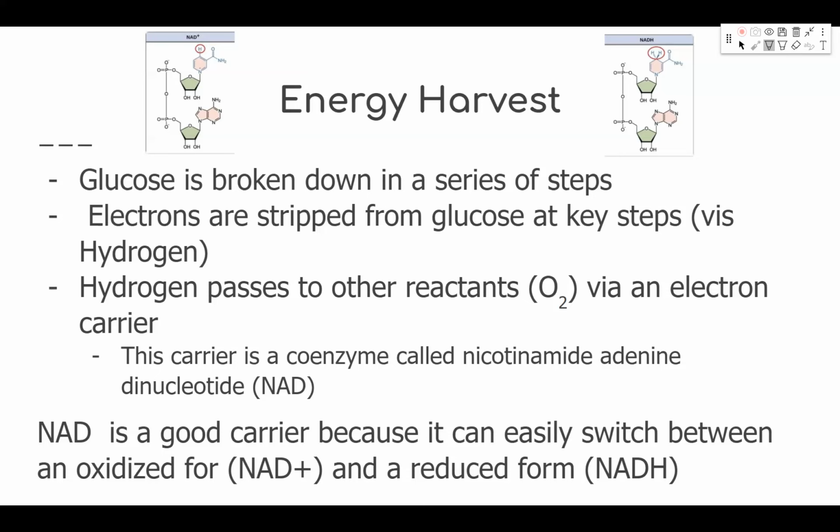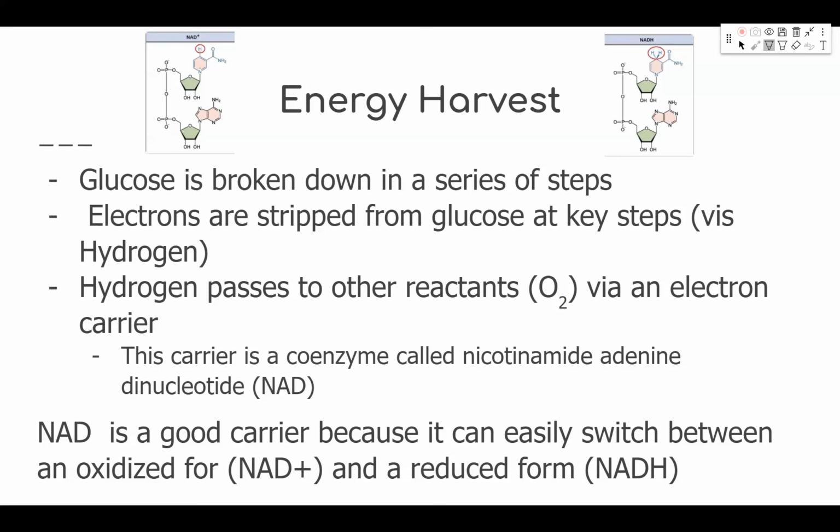That's our series of steps. When we are breaking down glucose, we're going to strip electrons off of there. We're going to yank off those electrons as we go. But we have to have a place to put the electrons.